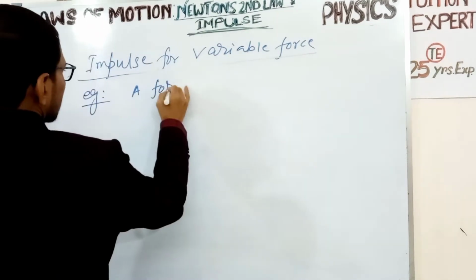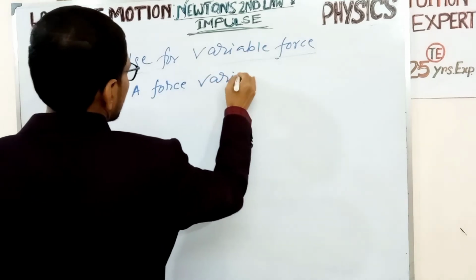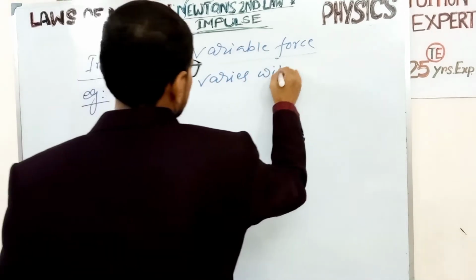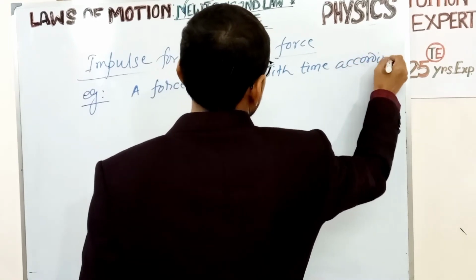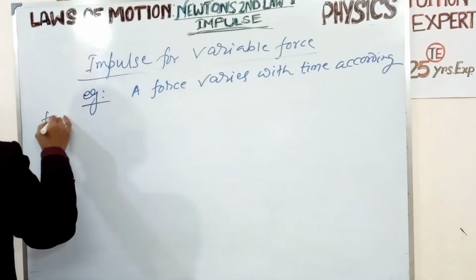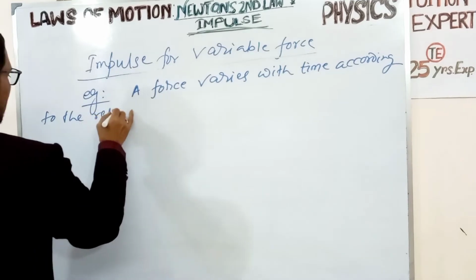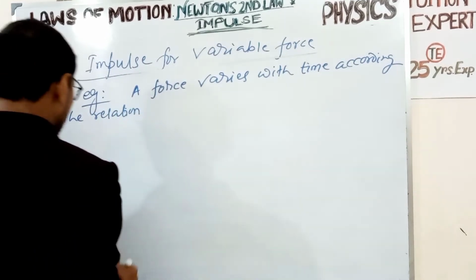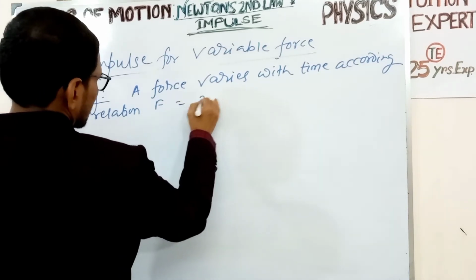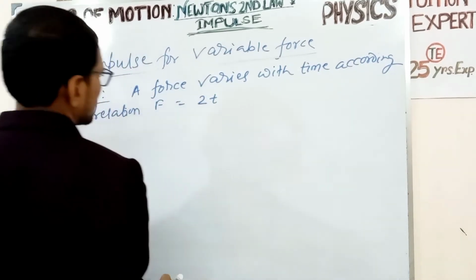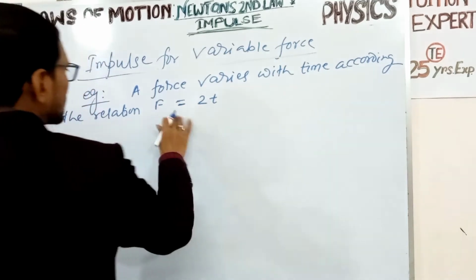For example, a force varies with time according to the relation F equals, suppose, 2t. Simple example, force equals 2t.